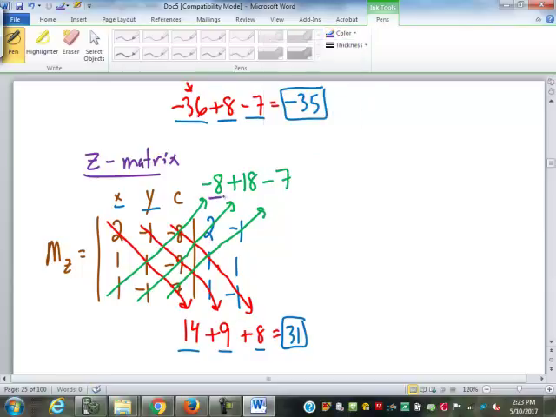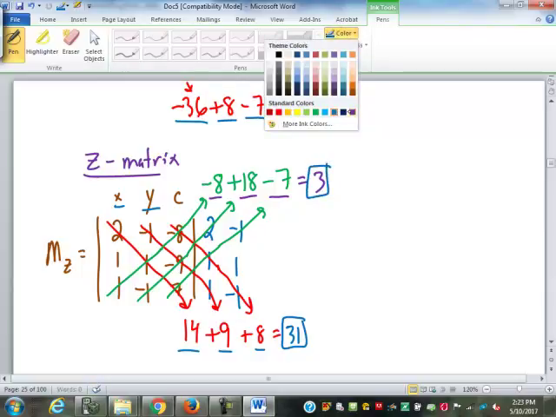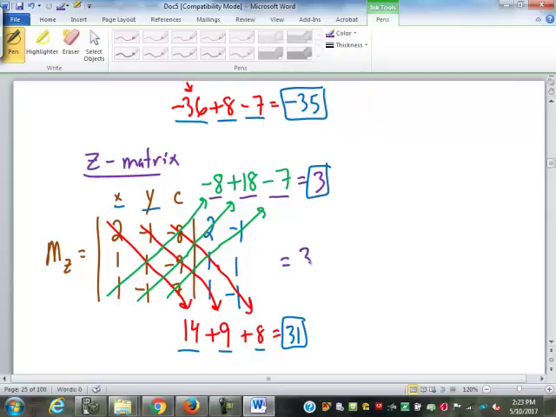So here we've got negative 8 plus 18 minus 7. Is that 3? Okay. So now we've got the downs of 31 minus the ups of 3. 31 minus 3 is 28. Good.